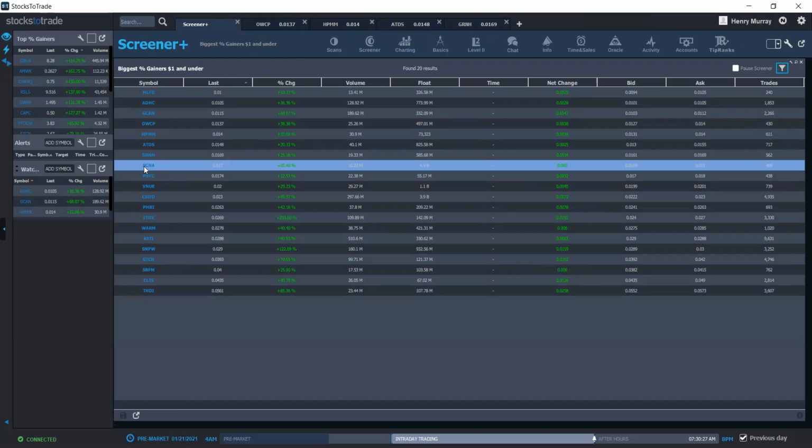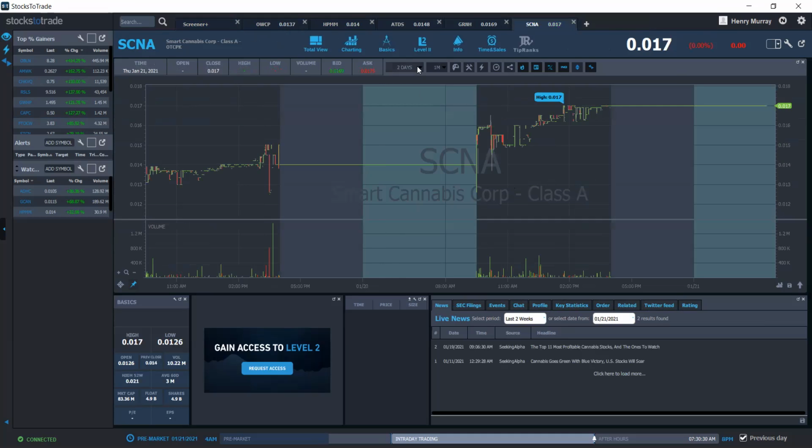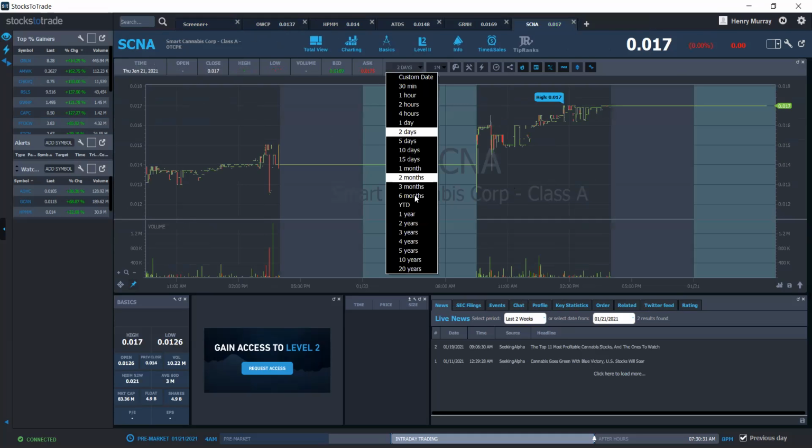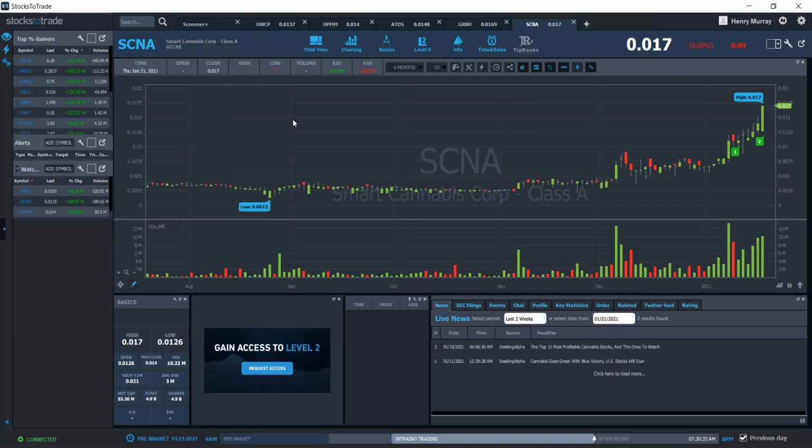SCNA. All right, let's see here. Gradually uptrending. This is a slow mover chart. This is a slow moving chart. It's a stair stepper. It's spiking, breaking out to new highs.